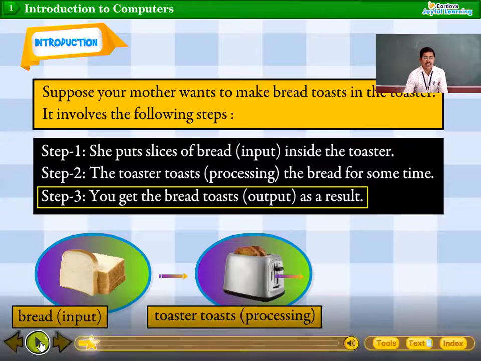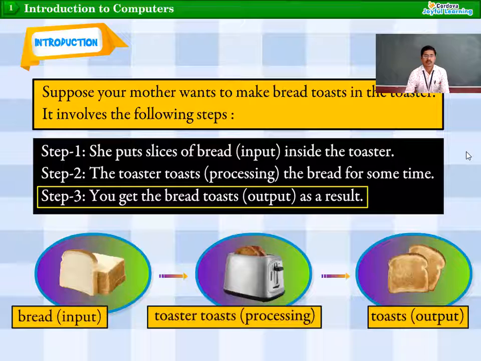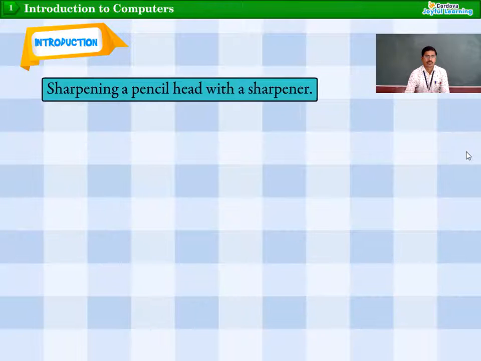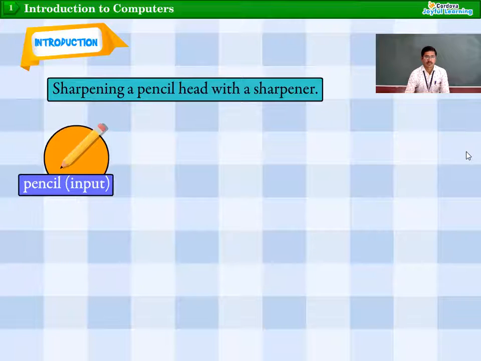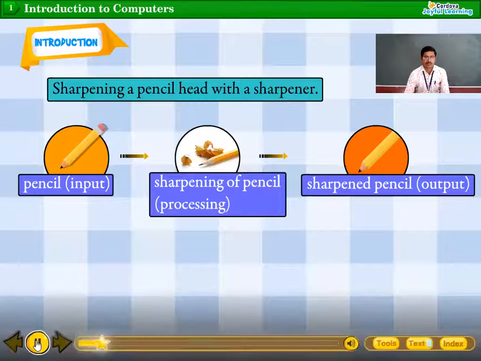Now see also the second example given. Step 3. You get the bread toasts as a result. Output. Another example to illustrate input, processing and output is sharpening of a pencil with a sharpener. Sharpening of pencil. Processing. Sharpened pencil. Output.